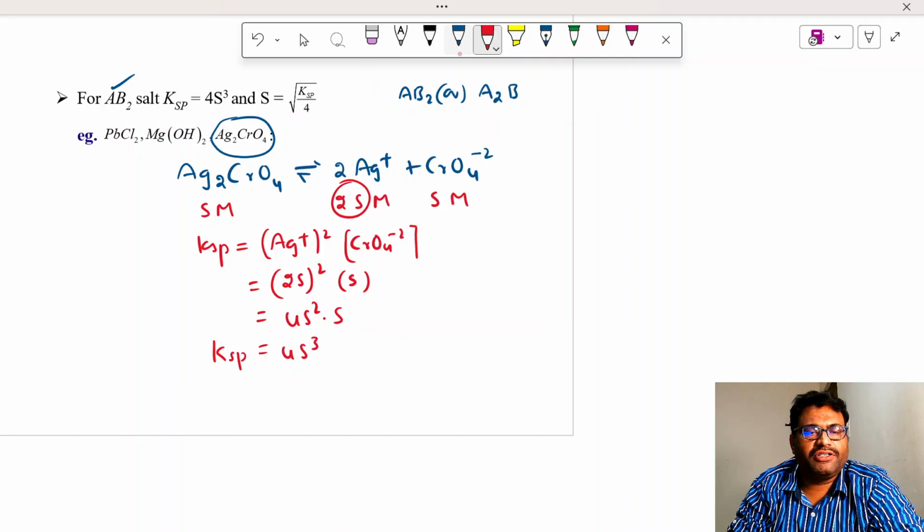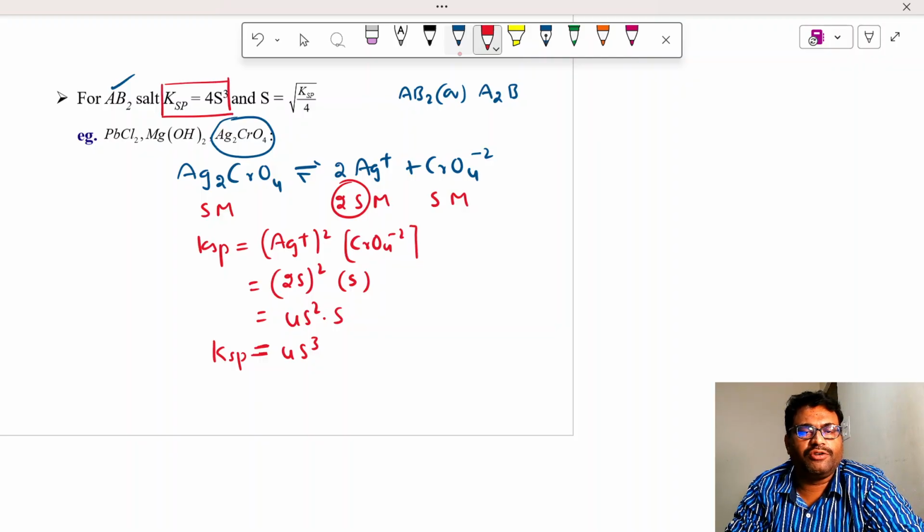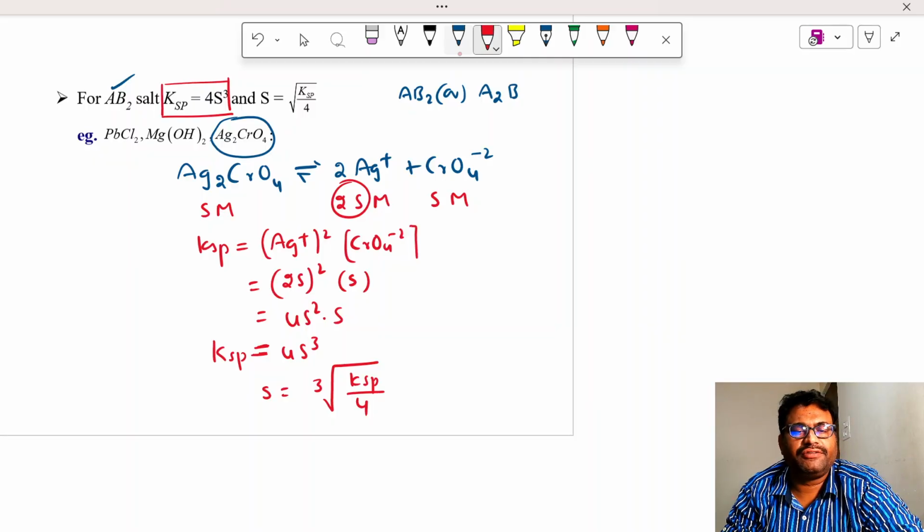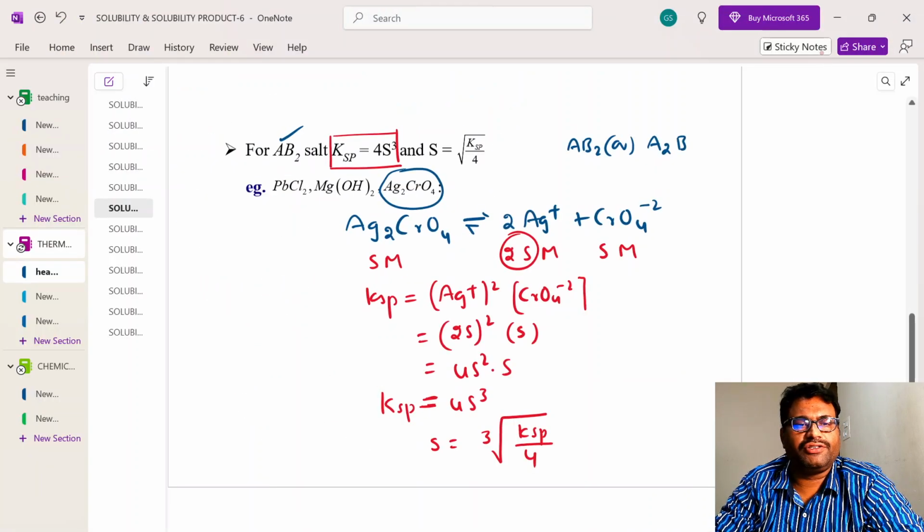So KSP, what did we get? 4S cube. Here you can find KSP is equal to 4S cube, and S will be equal to cube root of KSP by 4. Right? Let's move on next.